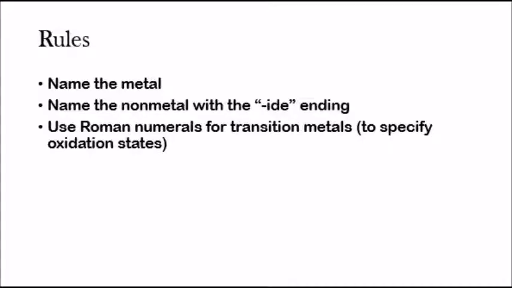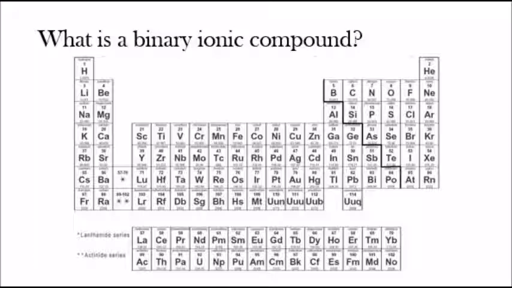But basically, whenever we have a binary ionic compound that has a transition metal, and a transition metal is a metal in this section of the periodic table right here, not in these columns, those metals tend to have more than one oxidation state.